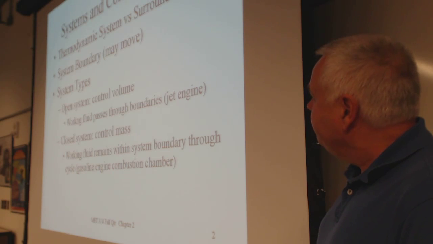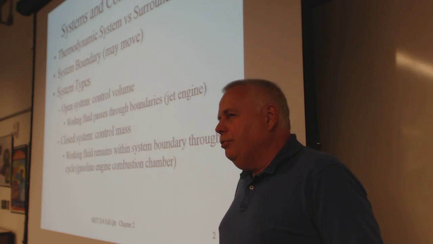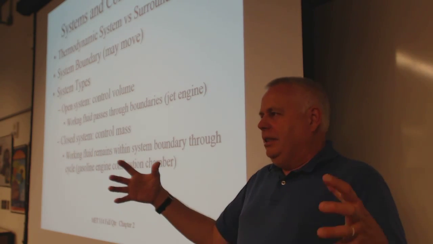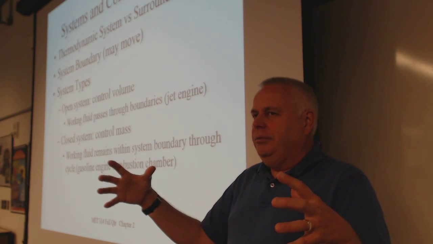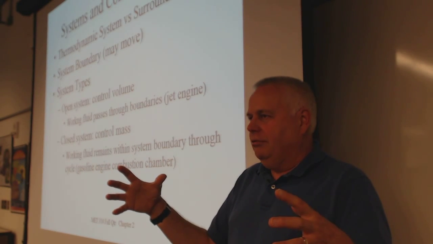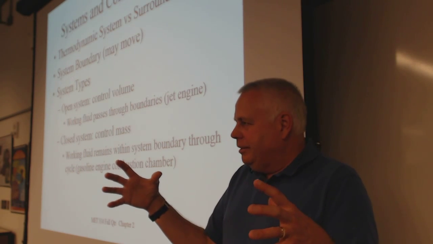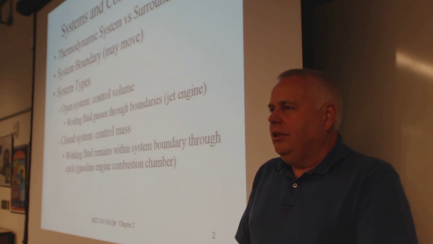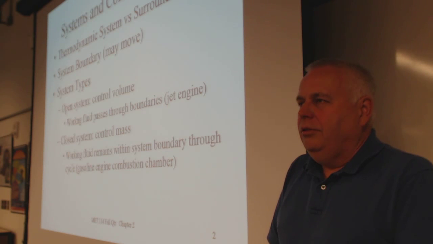A system, we're going to use the word system here in a specific way. The system is the volume of the steam or the refrigerant, the gas that we're looking at, or the liquid, whatever it is, it's the material itself within the confines of the equipment it's going through.